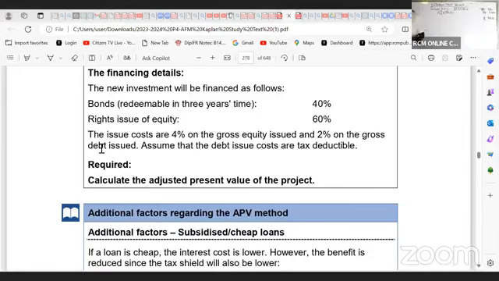Here, there is nothing to be paid in between. The only thing we'll be paying is interest, and then at the end of the 3 years, the bond is redeemed. This is a redeemable bond. We only account for interest. Principal is never paid in between.